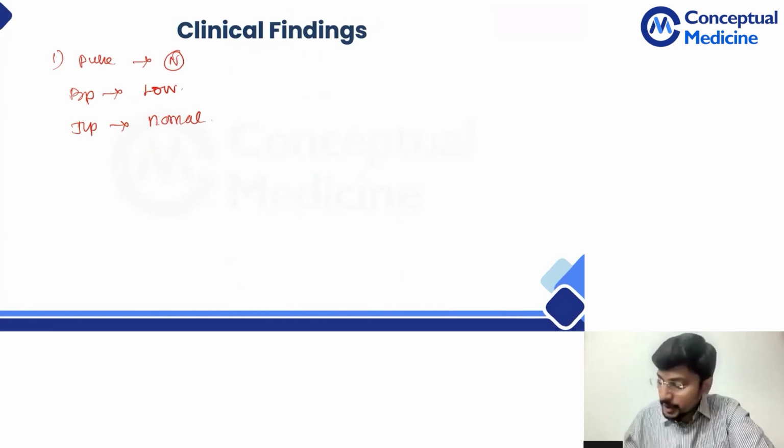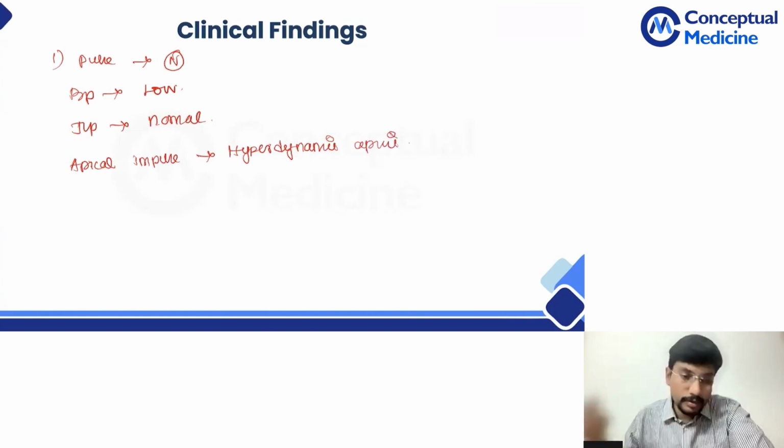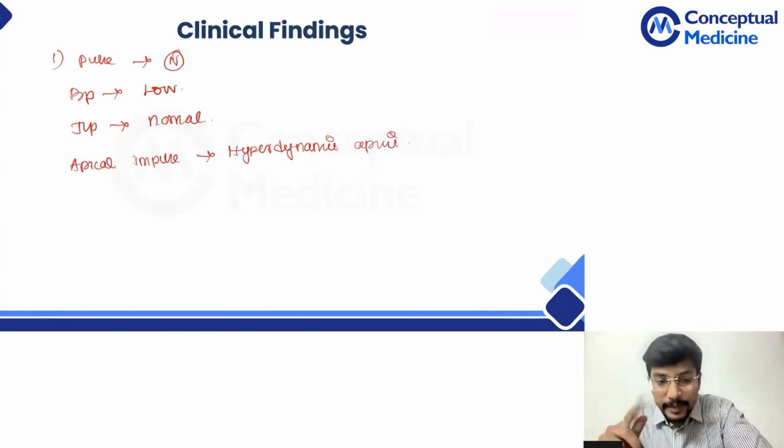Okay, apical impulse. So what happens to the apical impulse? What you get is called hyperdynamic apical impulse. More than one space is involved. It is very hyperdynamic. It is not sustained. So this is hyperdynamic apical impulse.